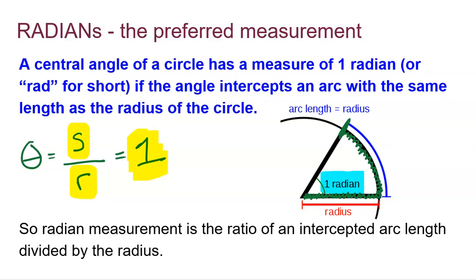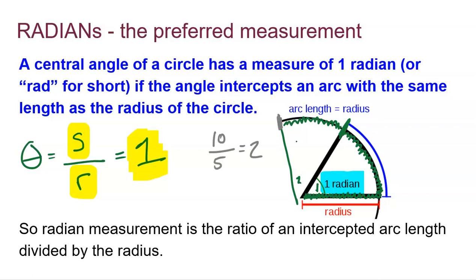So if you have 2 radians, all that means is that your arc length was double the radius. For example, if the length of my arc was 10 and the length of my radius was 5, then I'd have 2 radians. That's probably going to happen somewhere over here, where if I again take that green piece of string and lay it out a second time, boom, I'm going to have 2 radians.